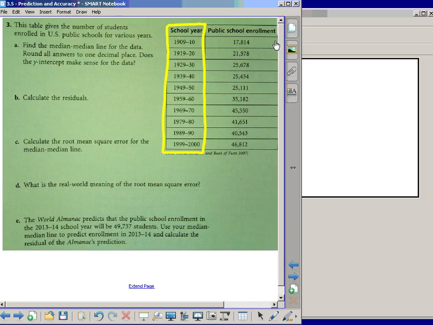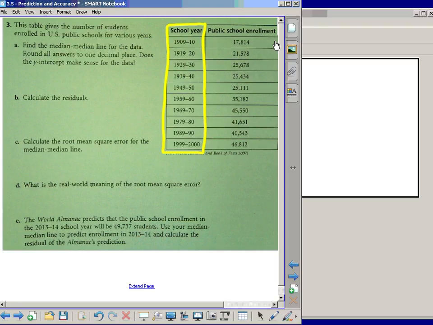Okay, anyway, after clearing that up, the other thing we need to clear up is that the school year, I'm going to input those into my calculator as 1, 2, 3, 4, 5, 6, 7, 8, 9, 10. Instead of actually putting in the year number, I'm putting in 1 to represent 10 years since 1900. 2 would represent 2 decades or 20 years since 1900.